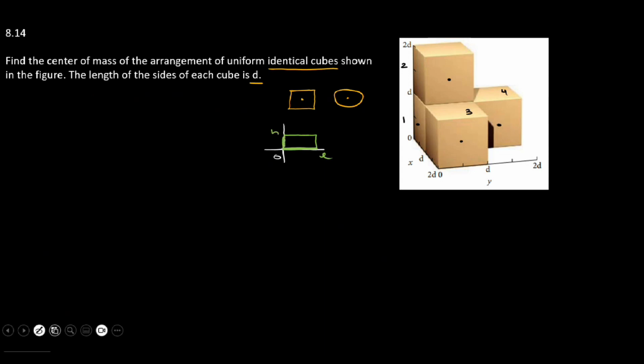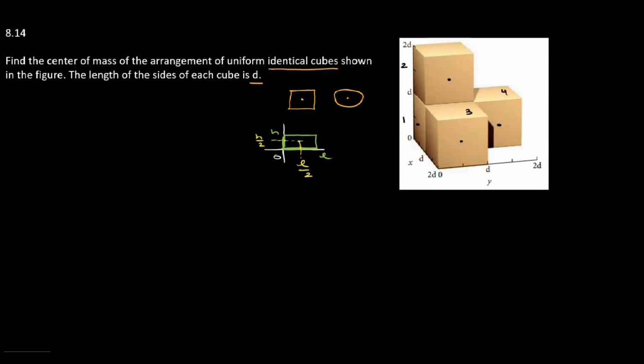We know for a symmetrical object, the center of mass lies at the geometrical center. So its x value will be the midpoint, which is L by 2. The same goes for the y value. To find the y value, I have to locate the midpoint, which will be h by 2.